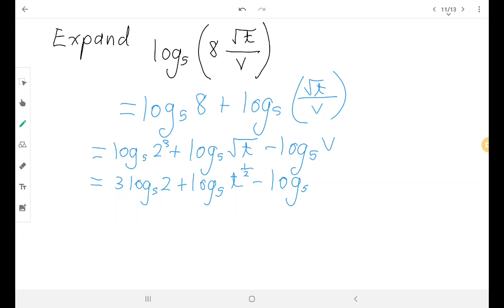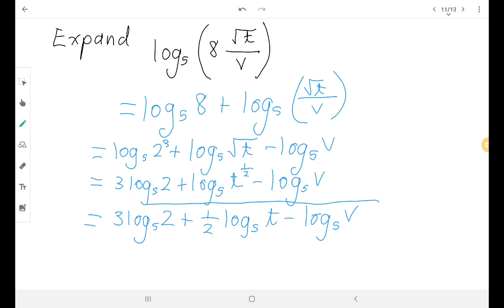Minus log base 5 of v. So that's 3 times log base 5 of 2 plus, we'll use the power rule on this, bring it out to the front like that. And that'll be 1/2 times log base 5 of t minus log base 5 of v. And so this is a completely expanded form of that.